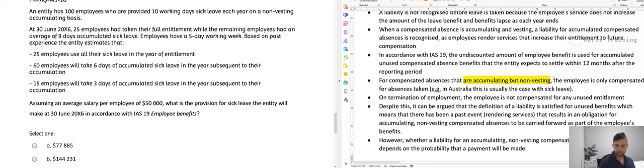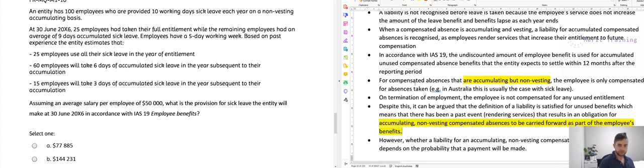The correct way to treat this, and that's basically sick leave, is the employee is only compensated for absences taken. Okay. So on termination, the employee is not compensated. Despite this, it can be argued that the definition of a liability is satisfied for unused benefits, which means there has been a past event that resulted in an obligation for accumulating non-vesting compensated absences to be carried forward as part of the employee's benefits.